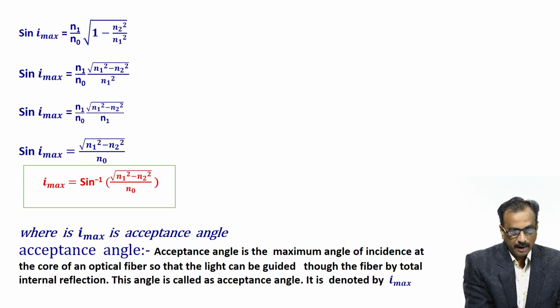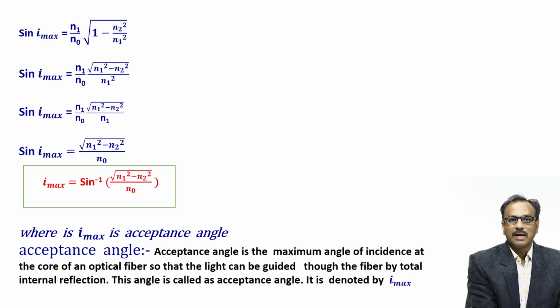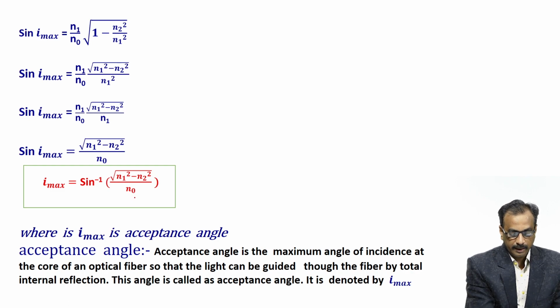Here, i maximum equals sin inverse of root over n1 square minus n2 square by n0, where i maximum is the acceptance angle. Here n1 is the refractive index of the core medium, n2 is the refractive index of the cladding medium, and n0 is the refractive index of the launching medium.